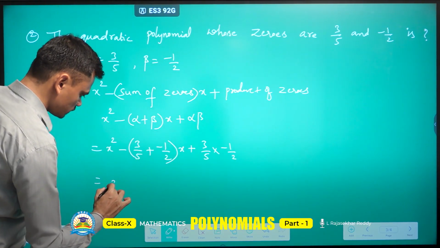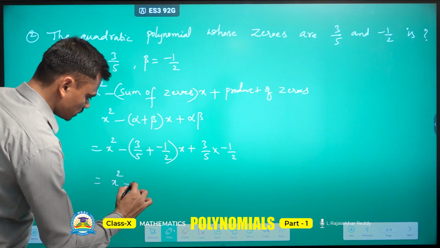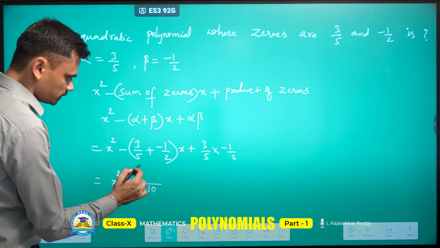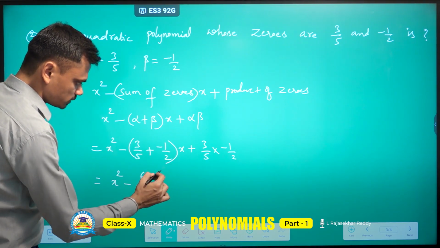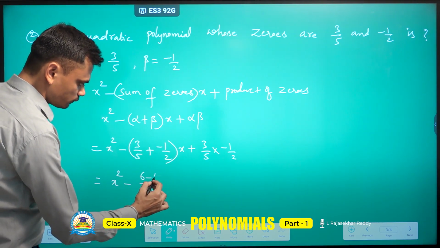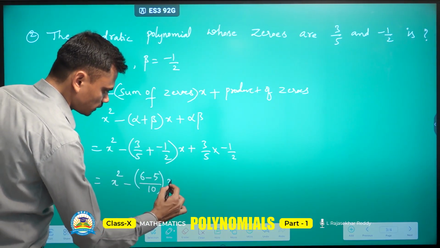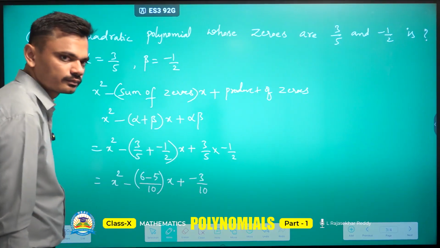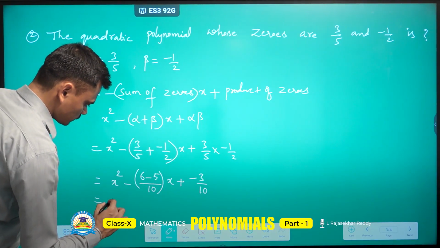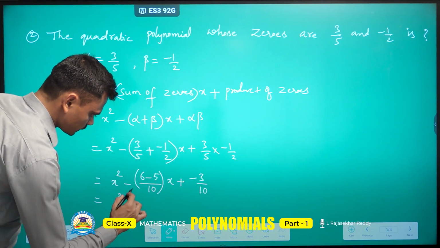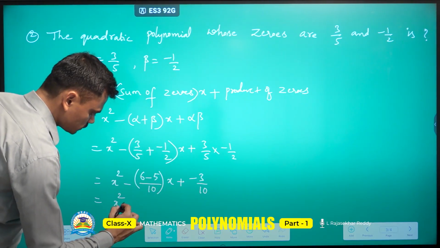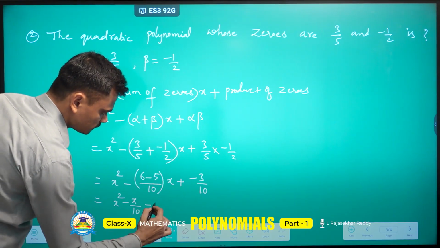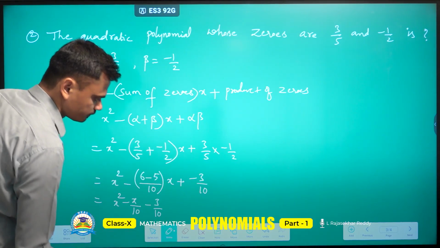Let us simplify this. x square minus, the LCM you can take as 10. Here what will you get? 6 minus 5, into x plus minus 3 by 10. x square, 6 minus 5 is 1, so minus x by 10 plus minus 3 by 10.